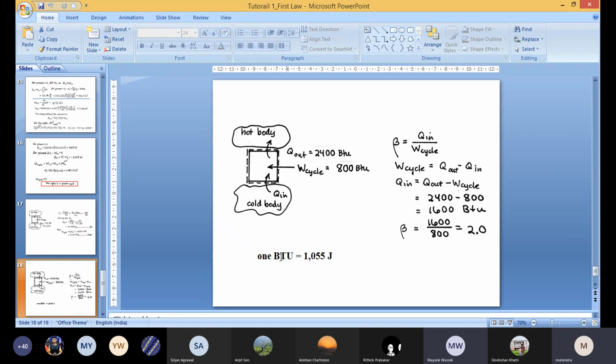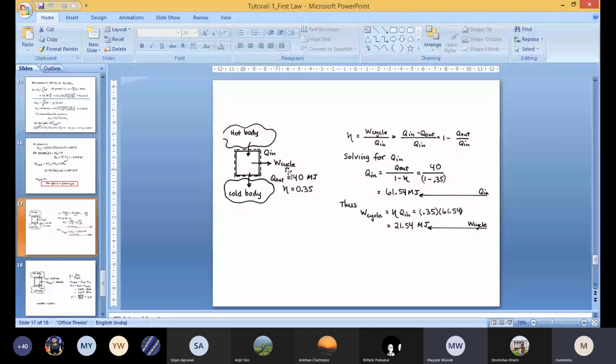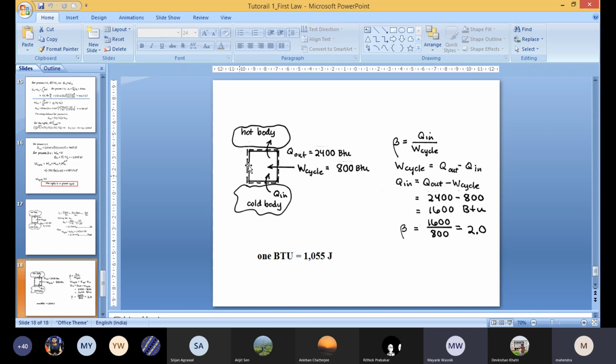For your understanding, one British thermal unit equals 155 joules. Please remember that. Anyhow, I am explaining what the power cycle is, how to calculate efficiency, thermal input or whatever energy input. And here this is the refrigeration cycle. This one is the power cycle that I am explaining to you.